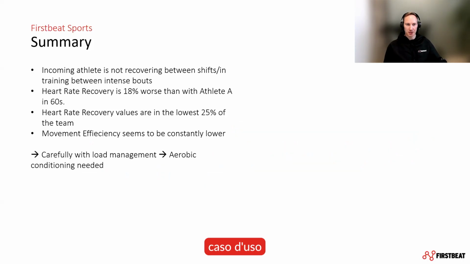Summary of this use case: the incoming athlete was not recovering between shifts in training, between intense bouts of exercise. The heart rate recovery was 18% worse than athlete A in 60 seconds. The heart rate recovery values were in the lowest 25% of the team, and movement efficiency seems to be constantly lower.